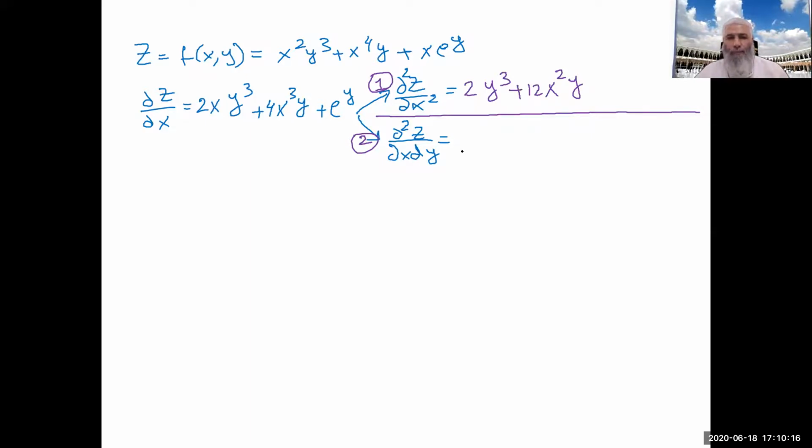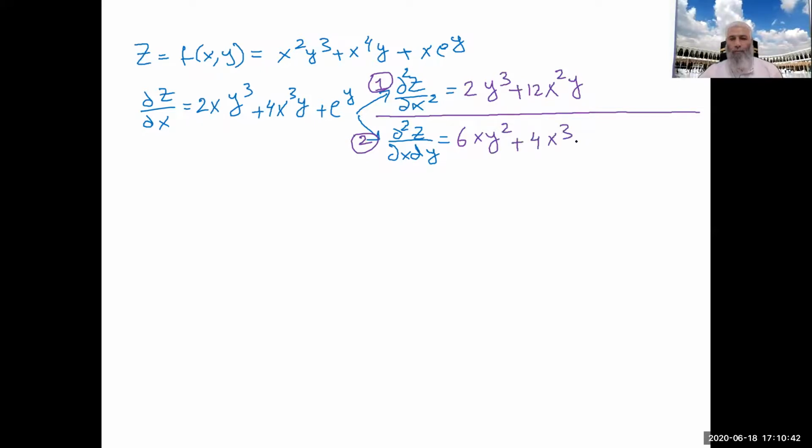Okay. So now, second derivative with respect to y. Here we have 6xy squared. It would be 4x cubed, just 4x cubed, right?